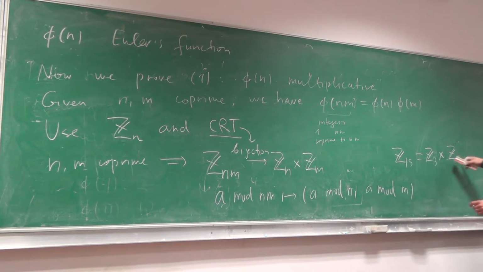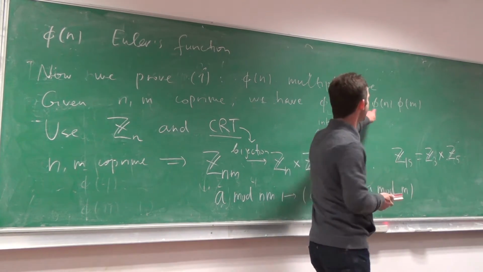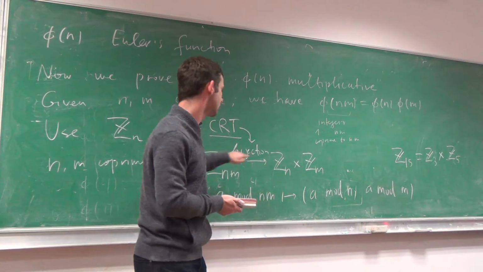So I have this identification, and I want to relate my equality that I'm checking to the two sides of this bijection.